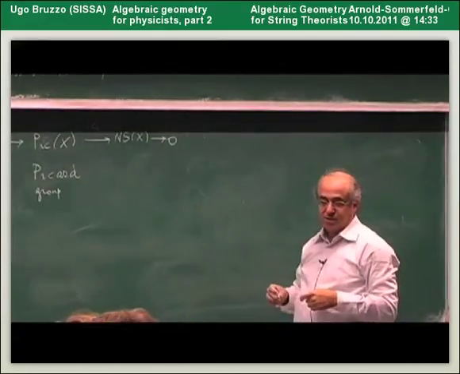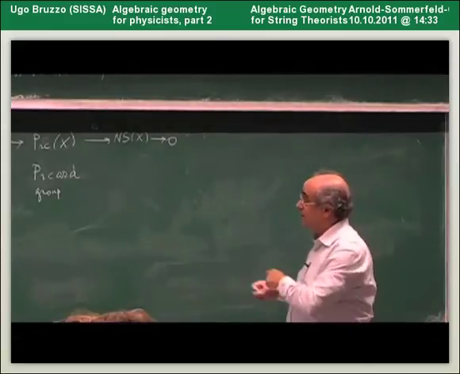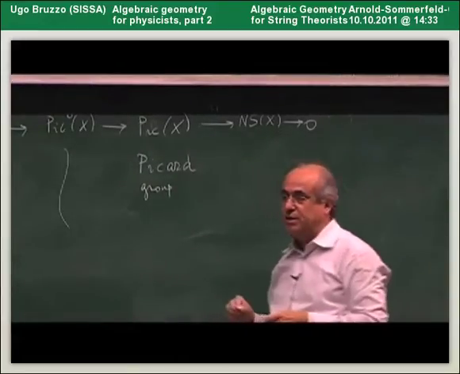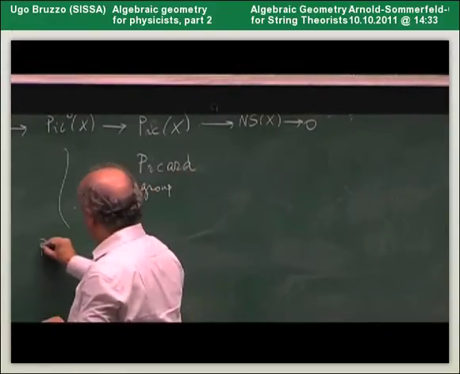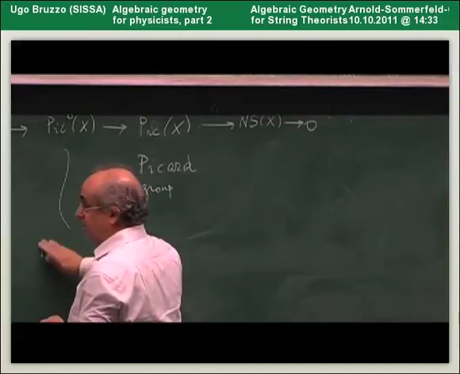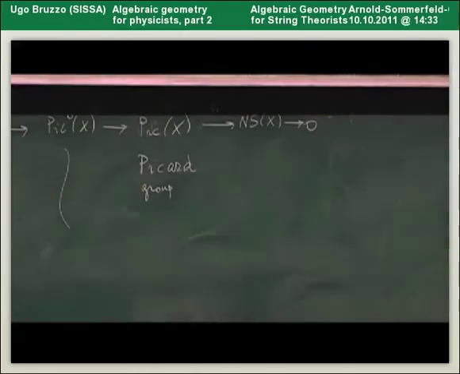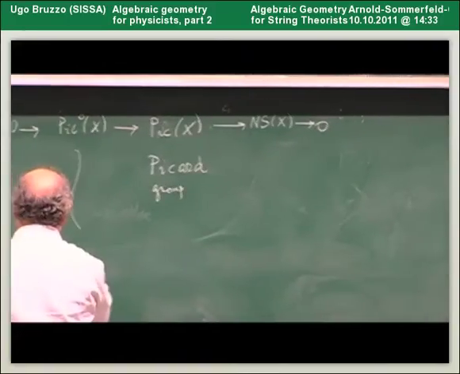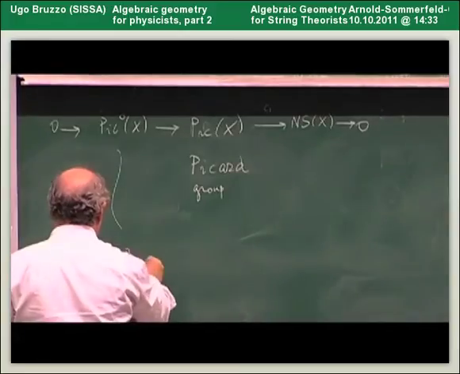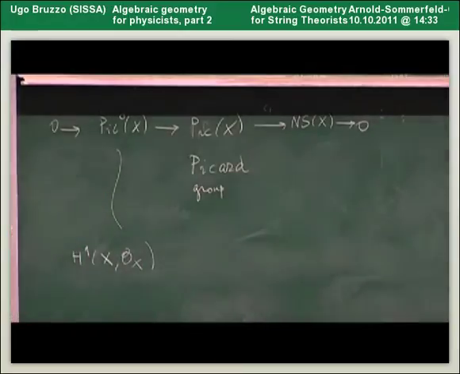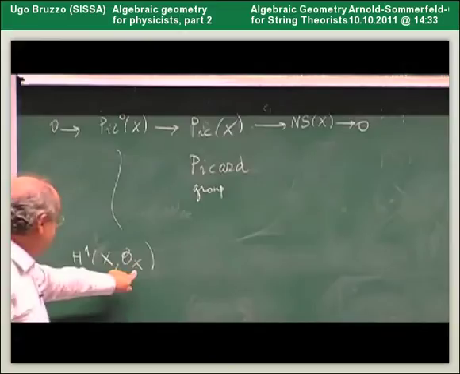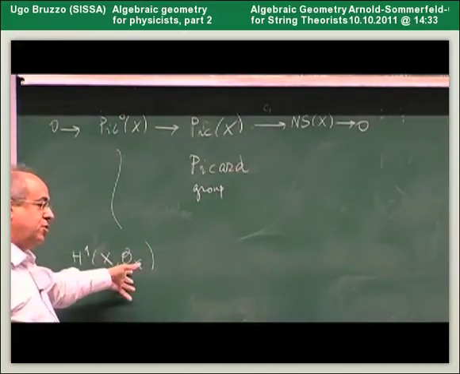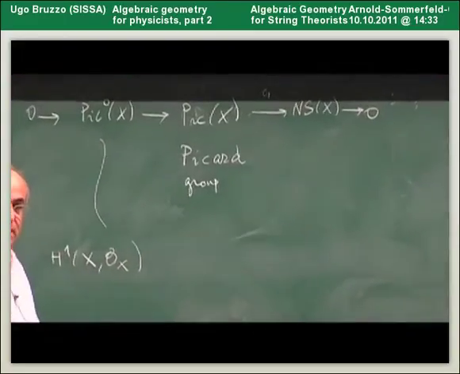Actually, just to give a hint to what's going on here, this space has a rich structure. In particular, it's not only a group, it's also a variety, because you can prove that under this assumption, this is a finite dimensional vector space. This is a vector space over the complex numbers, to be sure, because if you consider the holomorphic functions on an open subset of O_X, it's a complex vector space.